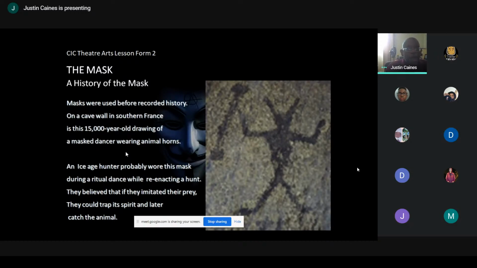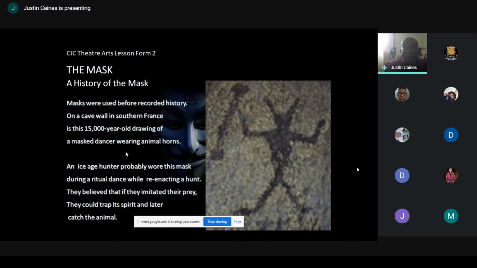So the way they thought was, if we could imitate it, if we could be that animal, whether it's buffalo or whatever, it's like we're capturing the spirit, and if we could capture the spirit, we could capture the animal.